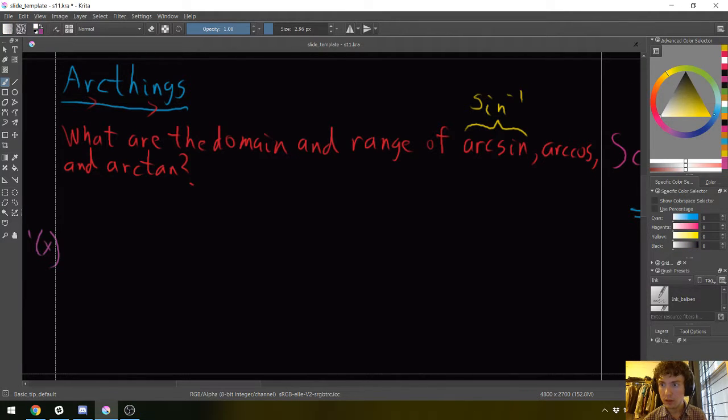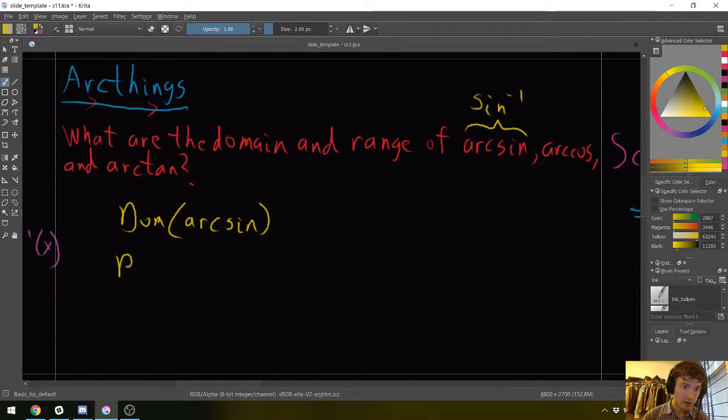So the domain of arcsine would be 0 through -1, I believe, inclusive, and range would be zero and one. Well, let's do the domain first. So you said 0 to 1, is that right?